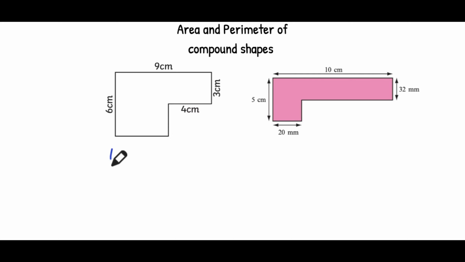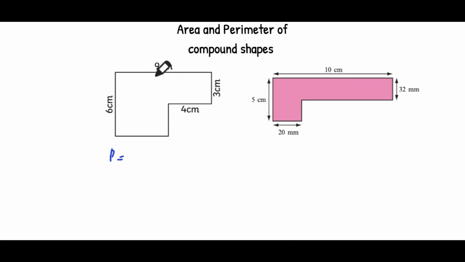Perimeter is quite simple. It is just simply adding all the sides. So we have 6, we have 9, we have 3, we have 4, but we don't know what this side is, we don't know what this side is. So how we do that is we use a certain method like this.